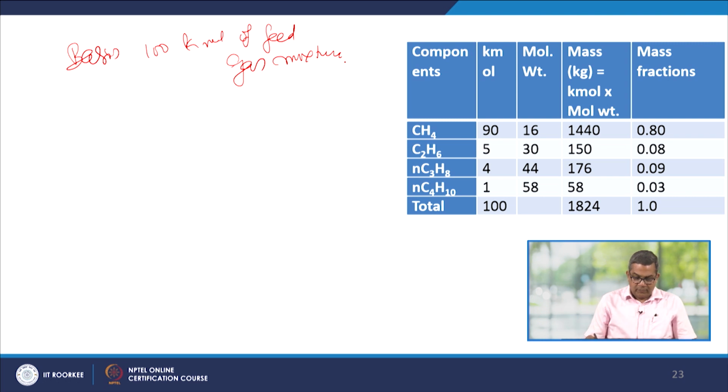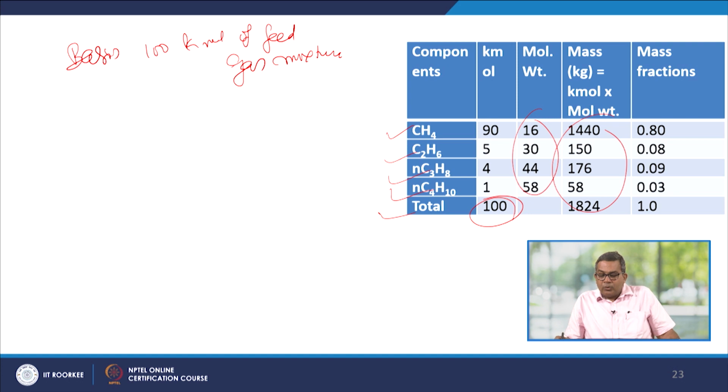Here we have the components CH4, C2H6, C3H8 and butane, which total 100, and the molecular weight and the mass in kilograms per kilomole, and the mass fraction is given like this because we have calculated the total.